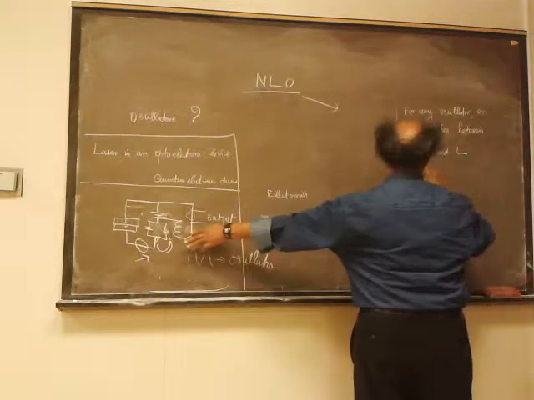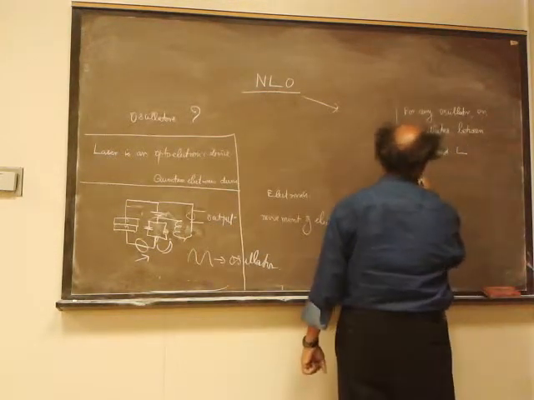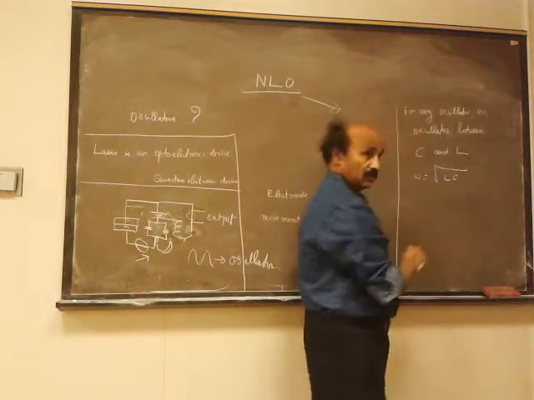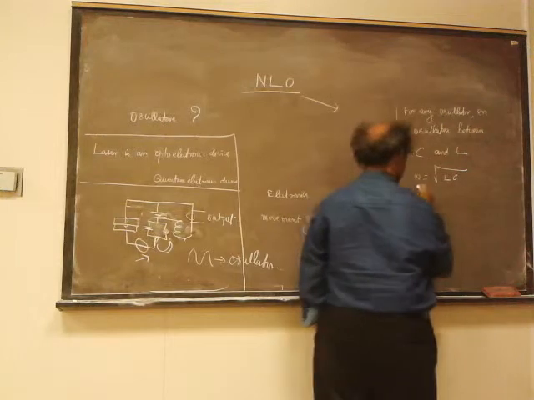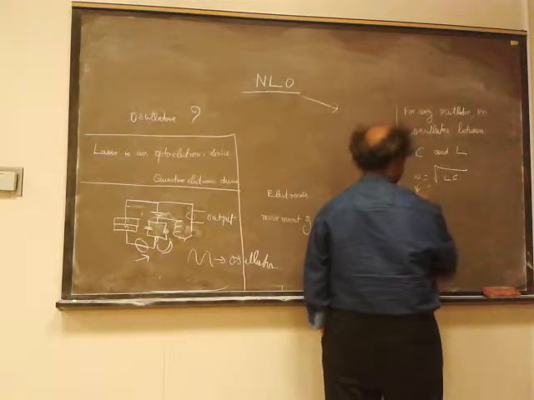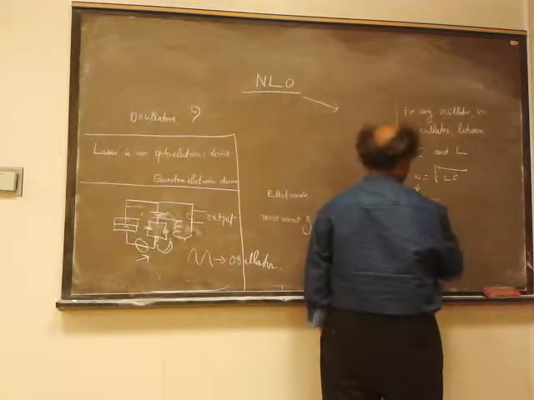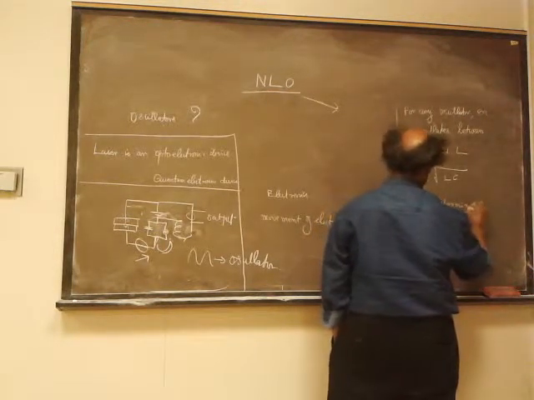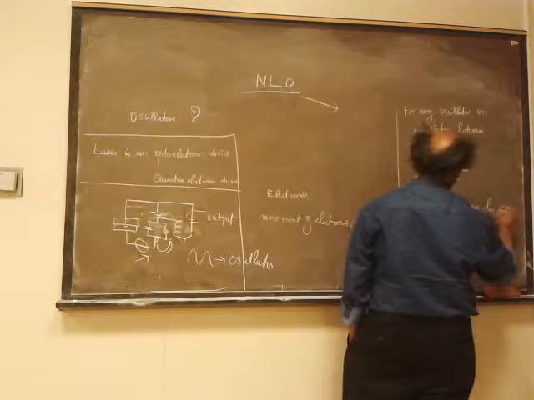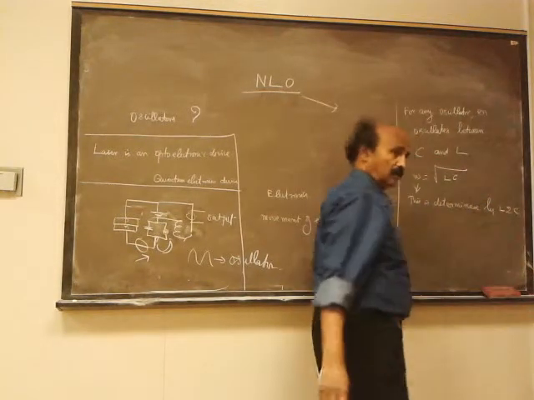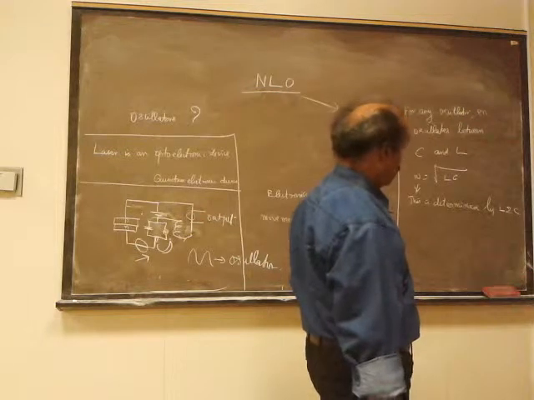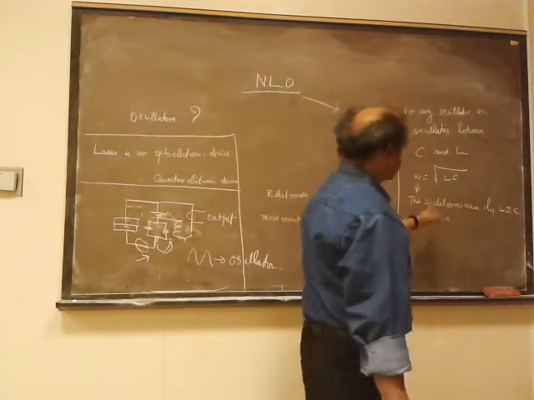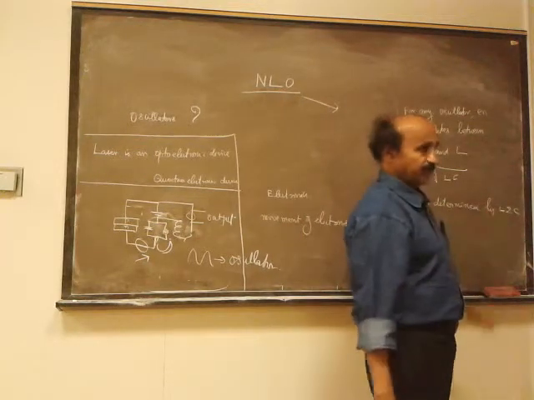Inductor, capacitor. Okay? Then omega equals 1 over root of LC. You know this one. This is determined by L and C. So this is one which selects the frequency. Frequency selection is done by L and C.